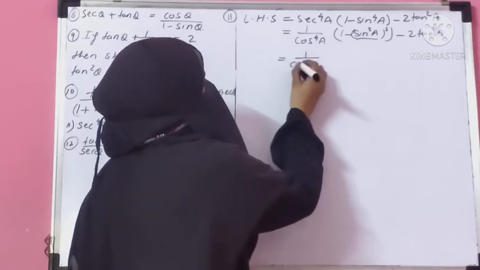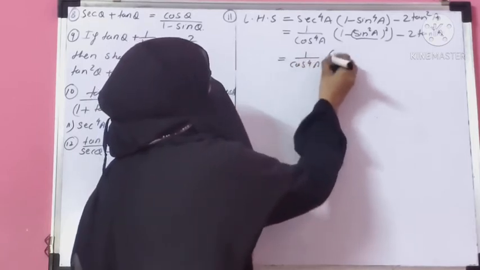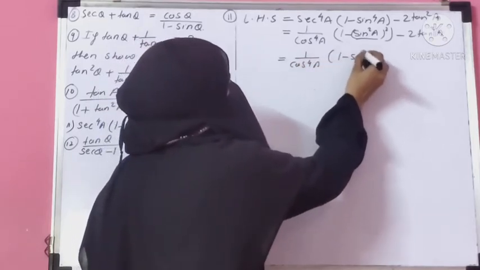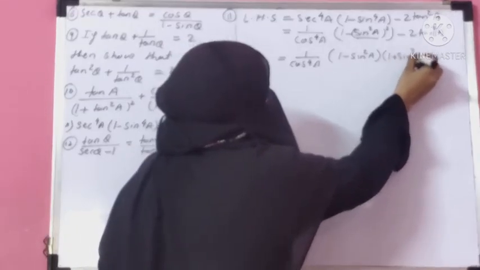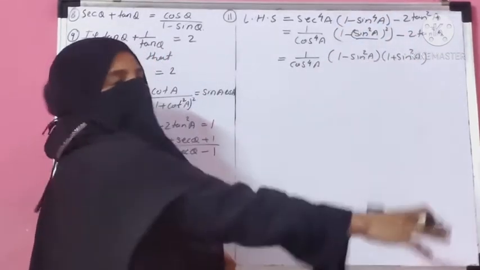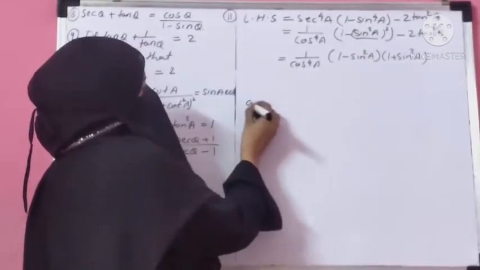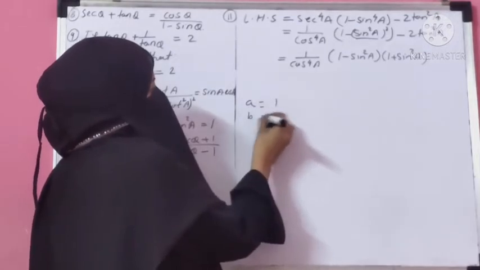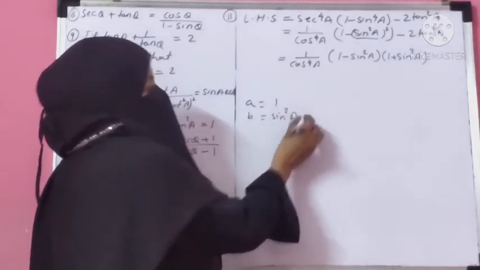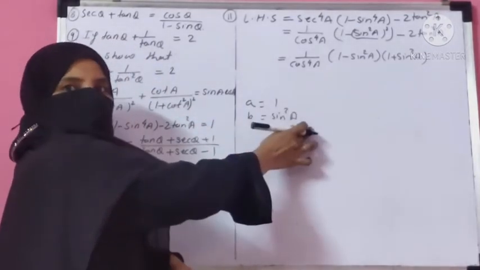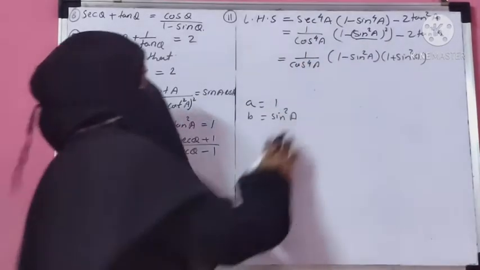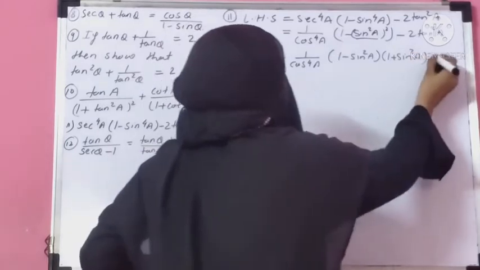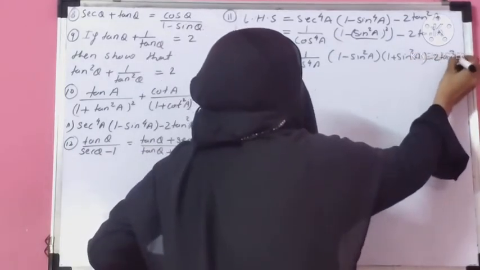You get 1 upon cos raised to 4A, times 1 minus sin square A and 1 plus sin square A. By the A square minus B square formula, it is A minus B, A plus B. Here your A is 1 and your B is sin square A. So A plus B is 1 plus sin square A, and A minus B is 1 minus sin square A, then minus 2 tan square A.